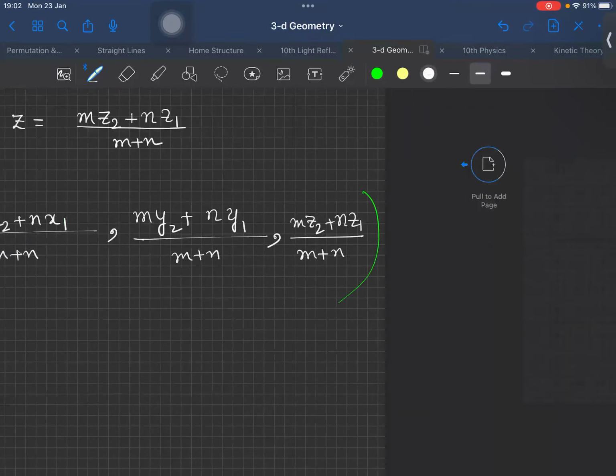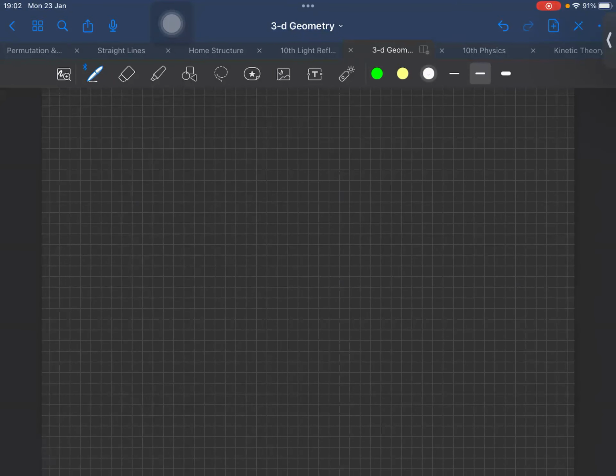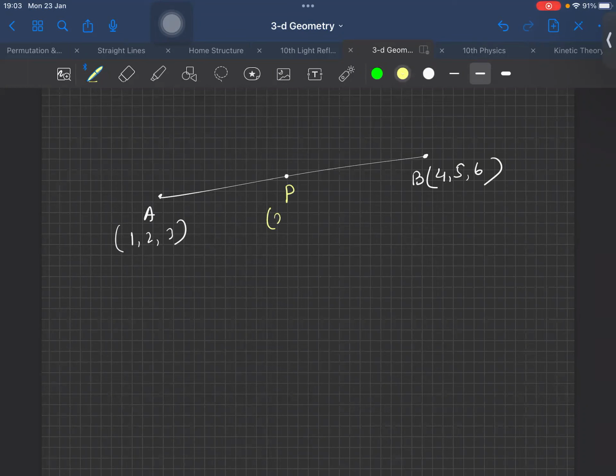Suppose we have two points A and B. A is (1, 2, 3), B is (4, 5, 6). Find a point in the middle of A and B. Let's say there is some point P whose coordinate is X, Y, Z. I want you to find the coordinate of this point P when it divides in the ratio of 1:1.